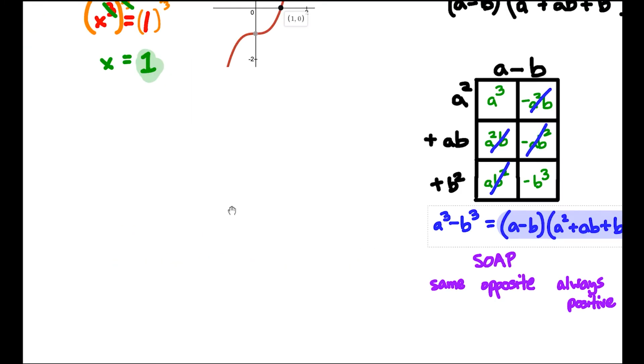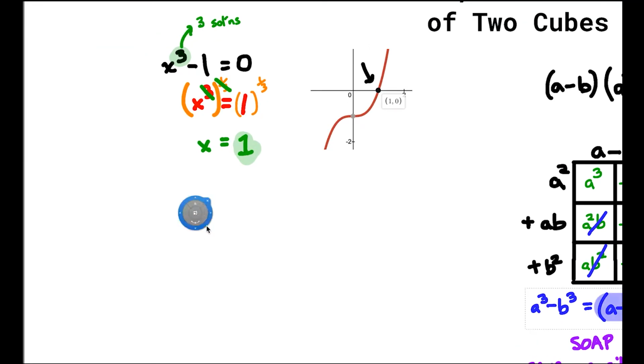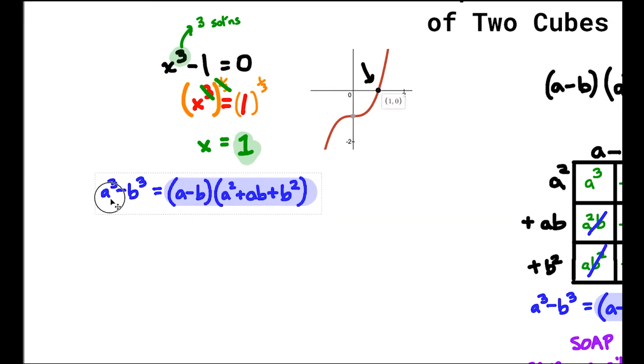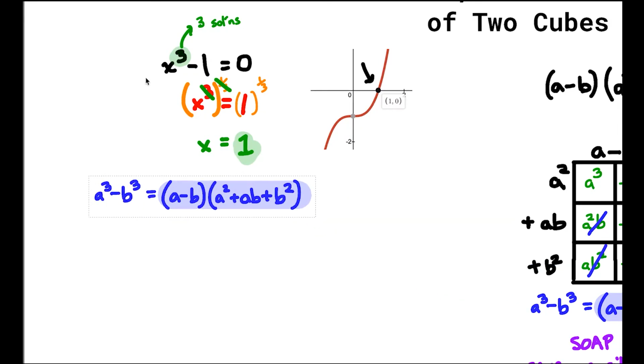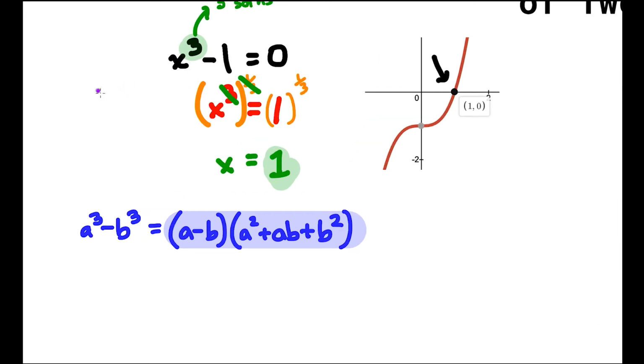So what I'm going to do is copy this and I'm going to paste it over here. Okay, for our given example, it's x cubed minus 1. Technically I can rewrite that where in this case a is equal to x and b is equal to 1 because b cubed is 1, 1 cubed is 1. Okay, so essentially what we can do is use this highlighted blue part to figure out the factored form of it.